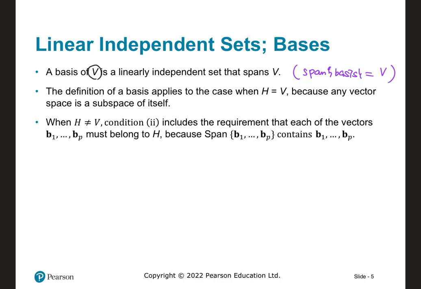The span of the vectors contains each vector. When I say some set B1 up to BP is a basis of a certain set H, then this B1 up to BP must be vectors in H space.